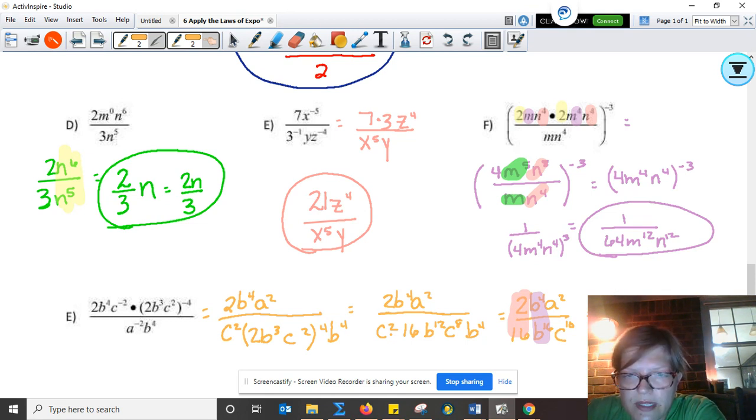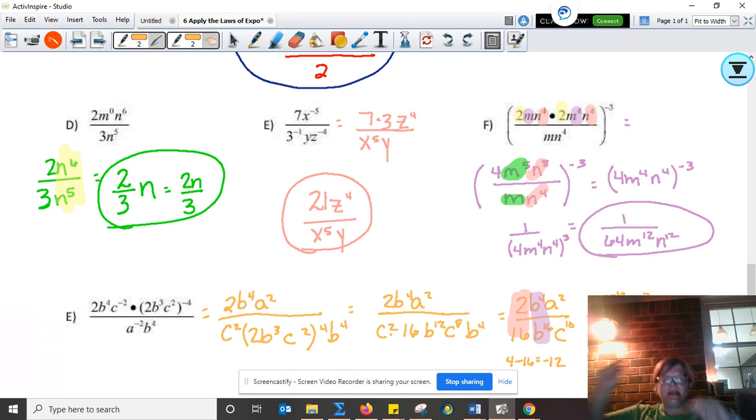And we know there's a 1. B to the 4th over b to the 16, top minus bottom. So 4 minus 16 equals negative 12. So that's going to be b to the negative 12, a squared over c to the 10th.